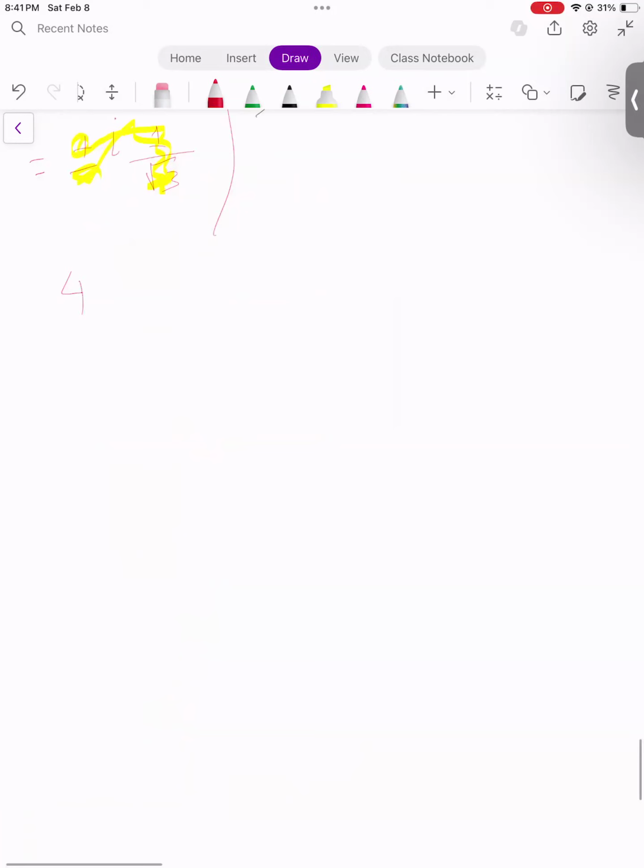Okay, number 49. So we have 2 divided by x squared plus 3x minus 4, plus 1 over x minus 1, equals negative 6 divided by x plus 4. So this is our rational equation.